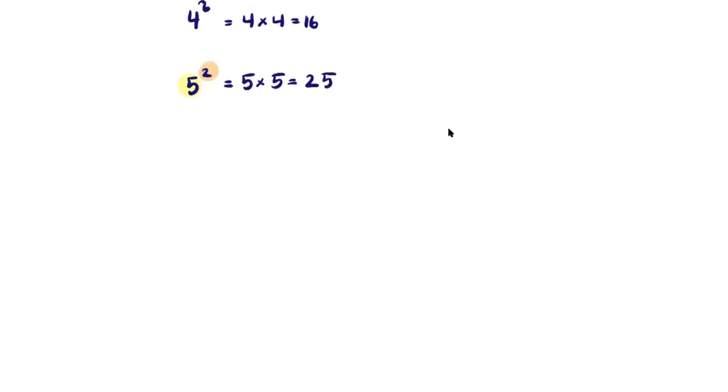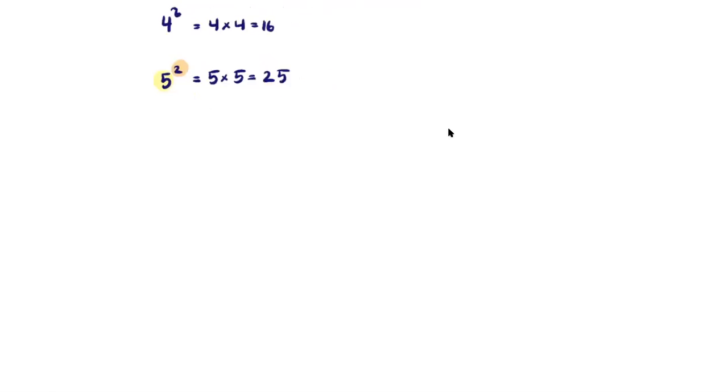So let's quickly go over those exponents, starting from 0 to 6. We're going to be working more and more with squares in the future. So 0 squared, what is 0 squared? Remember, the base times the base, so 0 times 0.